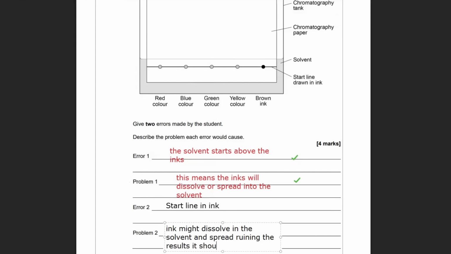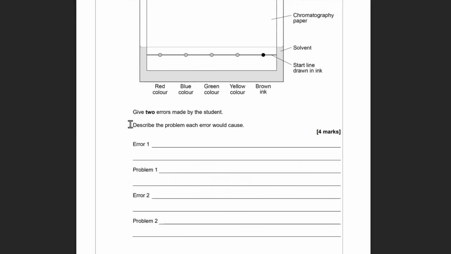It should be done in pencil. So we normally use pencil because pencil is not soluble in most of the solvents used in chromatography. So there we go. Okay, let's move on to the next part of the question. So that was a nice 4-mark starter.